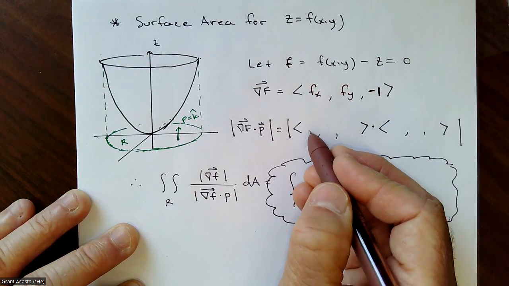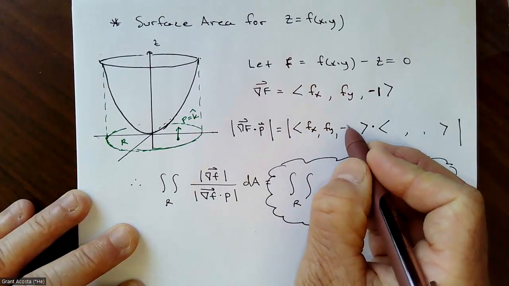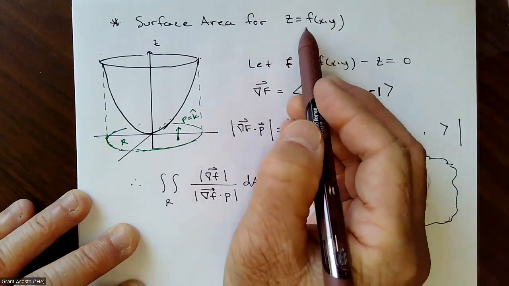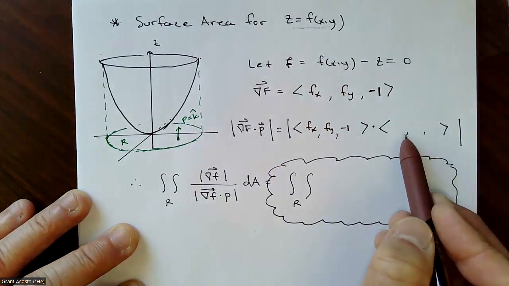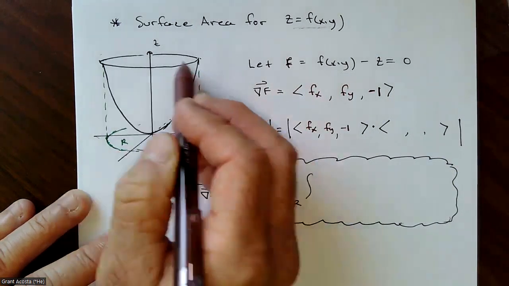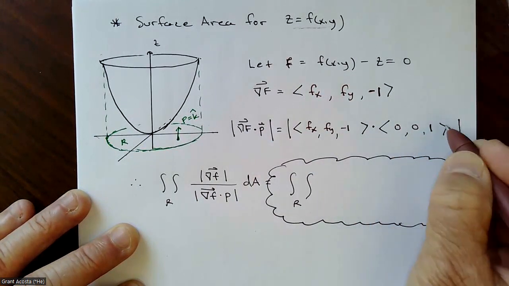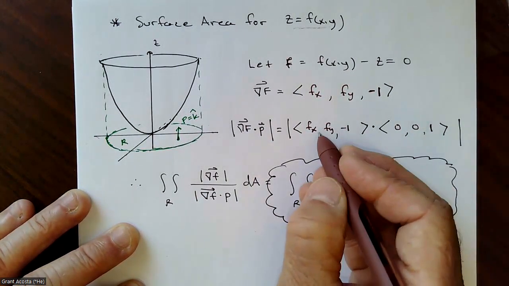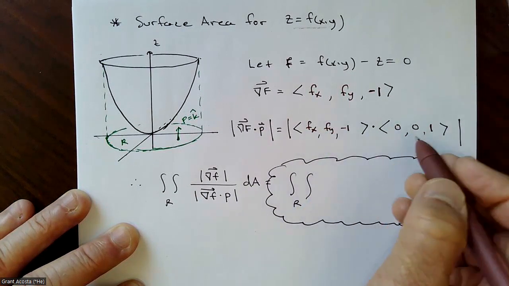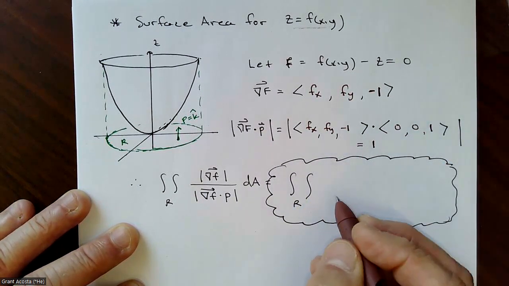And if I dot that gradient, f sub x, f sub y, -1, again for z equals f of x, y, our shadow region would make sense. It's always going to be k. I just made a random paraboloid here. So that would be with the vector 0, 0, 1. We saw in the last one, this will be 0, this will be 0. I'm going to get -1, but in magnitude, that's just going to be 1.